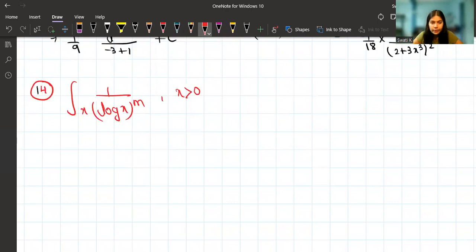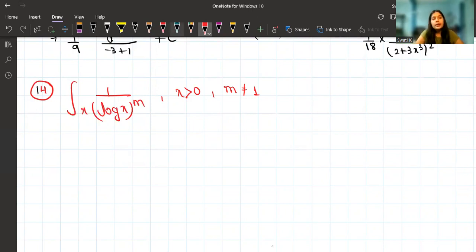And also there is one condition, that m is not equal to 1, because if m is equal to 1, then you will not be able to simplify it. That is why they have given this condition.